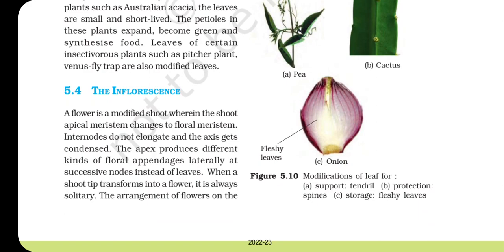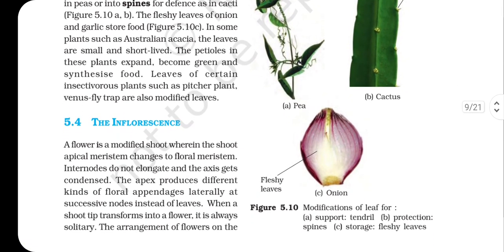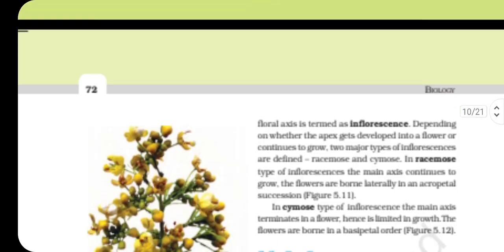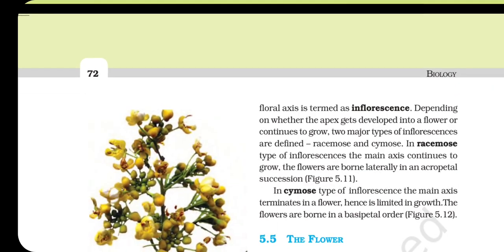The arrangement of flowers on the floral axis is termed as inflorescence, depending on whether the apex gets developed into a flower or continues to grow. Two major types of inflorescence are defined: racemose and cymose.